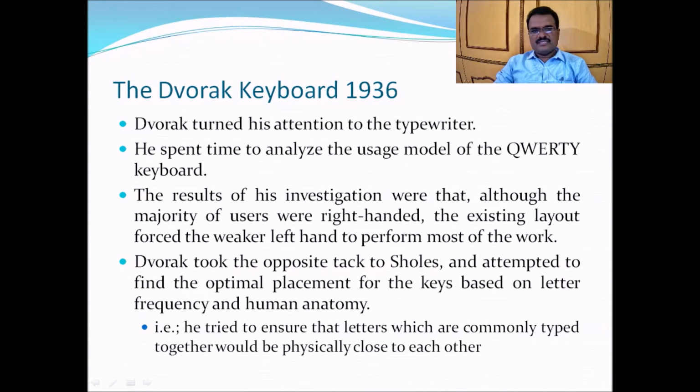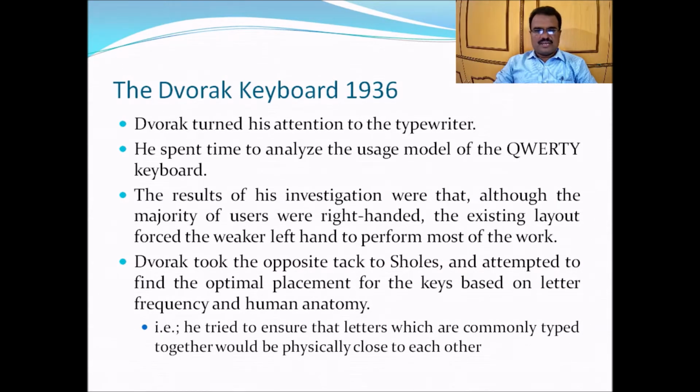Next is the Dvorak keyboard, invented in 1936. Dvorak turned his attention to the typewriter. He spent time analyzing the usage model of the QWERTY keyboard. The result of his investigation was that although the majority of users were right-handed, the existing layout forced the weaker left hand to perform most of the work.